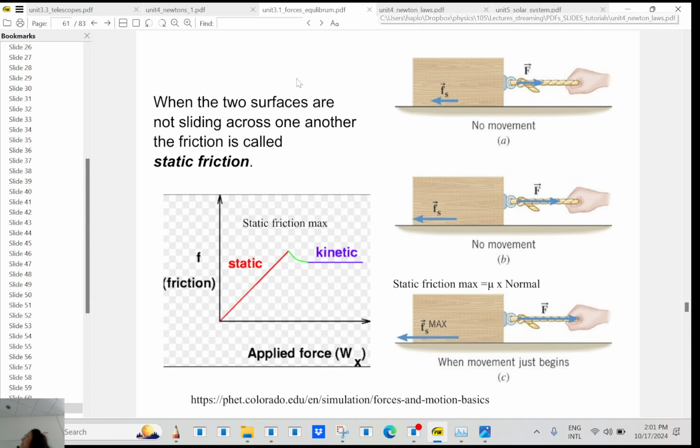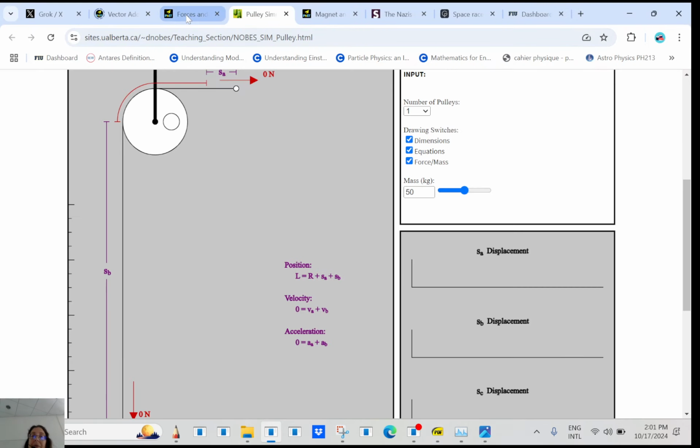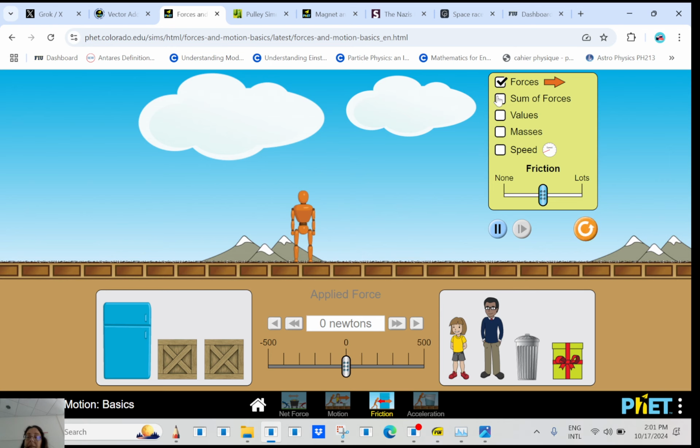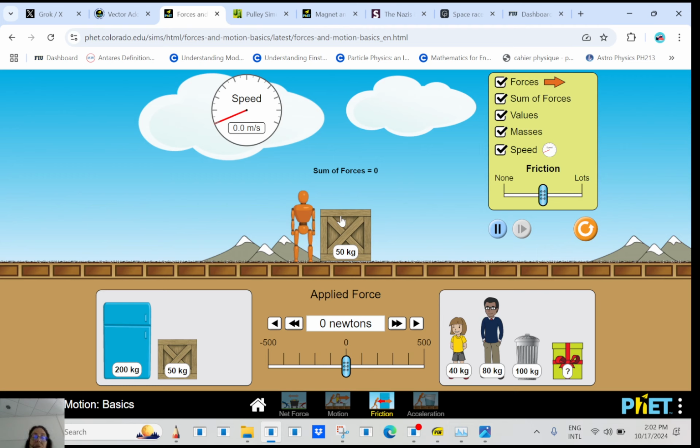Okay. So you have two kinds of friction. You have static friction and then kinetic friction, right? And I want to make sure that, if you use this app, it's a great app to understand. First of all, because I have assigned homework about friction, it's for next week, but you see static friction is like a reaction force.